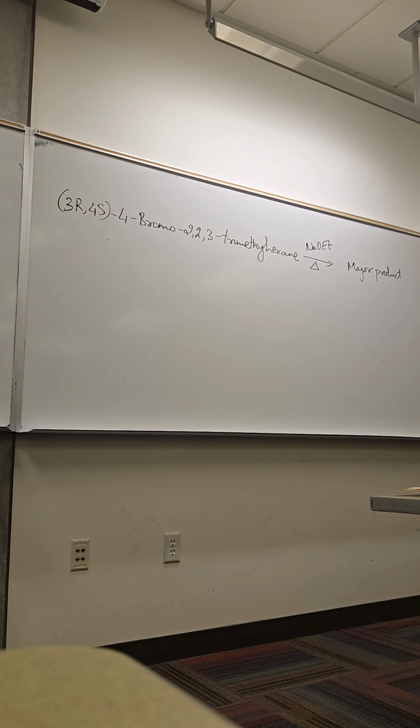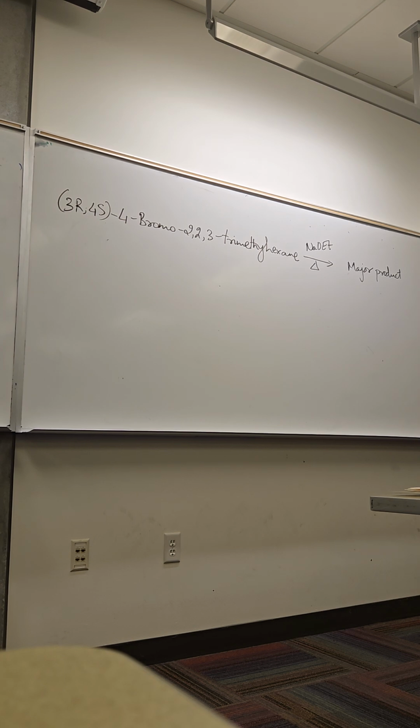Oh wait, it's just one bromo, right? Yeah, one bromine on carbon 4. What am I doing? Oh no, I got it right. 4-bromo. But 3R? Okay, do we have it? Are you sure?